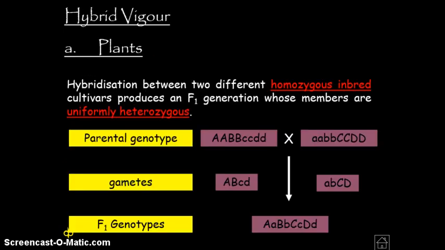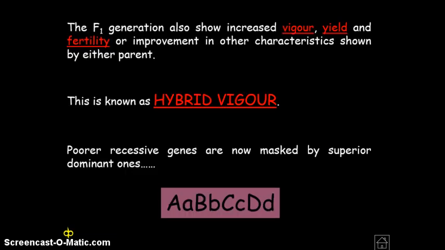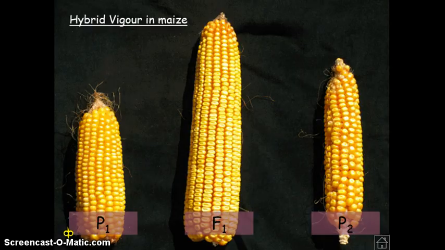In plants, F1 hybrids produced by the crossing of two different inbred lines create a relatively uniform heterozygous crop. F1 hybrids often have increased vigor and yield. Plants with increased vigor may have increased disease resistance or increased growth rate. And this can be illustrated in this example of hybrid vigor in maize plants.